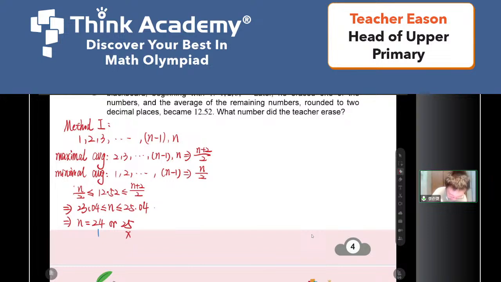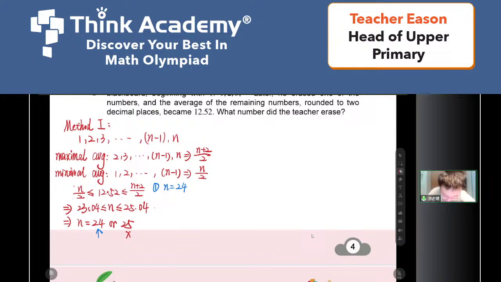On the other hand, 24 seems more reasonable. But anyway, we can try both of them. How to try? If we know this n, so if n equals 24, then let's see.